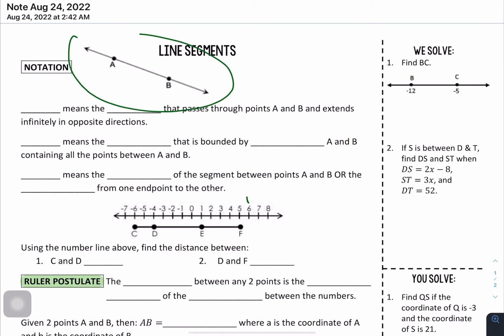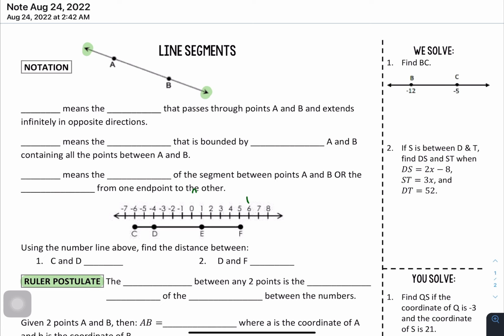First up, when we look at this figure right here, does that represent a line or a line segment? The answer is it represents a line because we see two arrows on both ends.